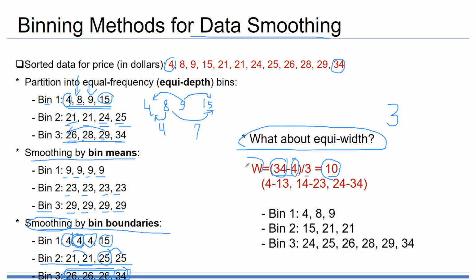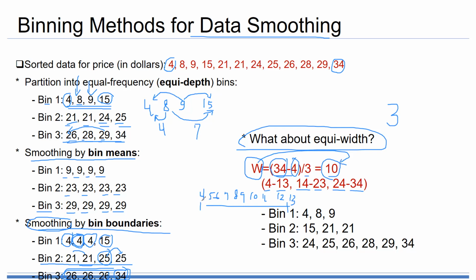It means the interval or the width is 10. So I can have the width 4 until 13, 14 until 23, 24 until 34. Because 4, 5, 6, 7, 8, 9, 10, 11, 12, 13, the width is 10.